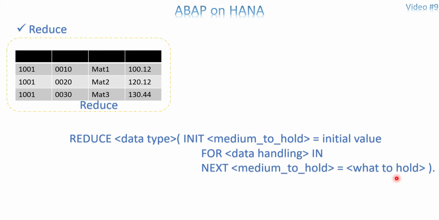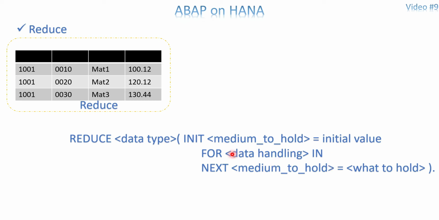How you're going to calculate: it can be just assigning a value to this medium-to-hold variable, or you can do some manipulations, some concatenations, whatever it is; you mention it after the equal symbol over here. And before the NEXT and after the IN, you can mention the WHERE condition also. Suppose my REDUCE should work depending on my WHERE condition. So this is the entire syntax of REDUCE.